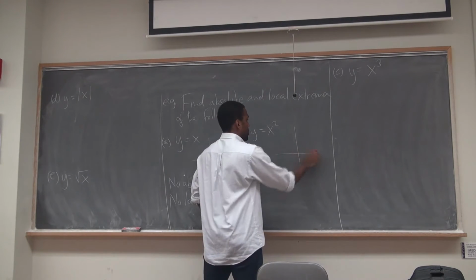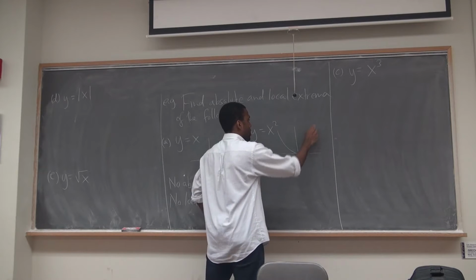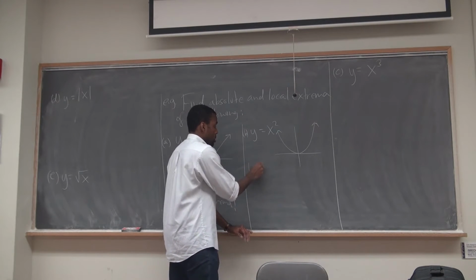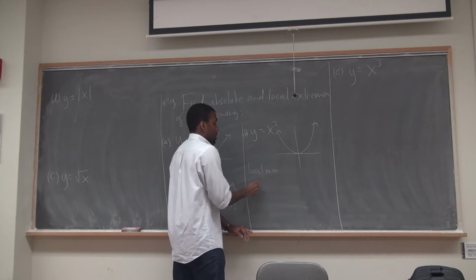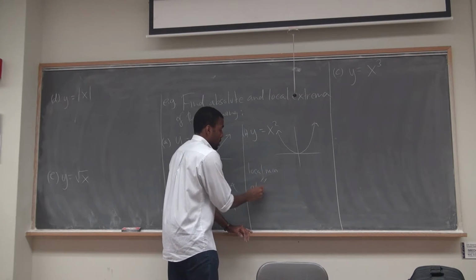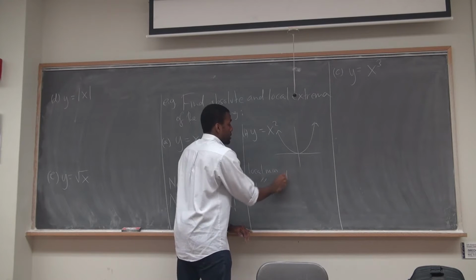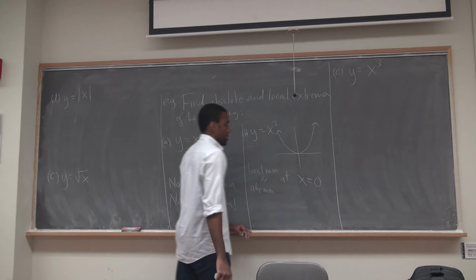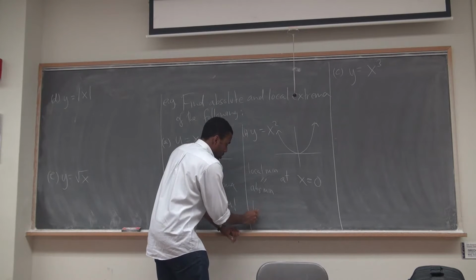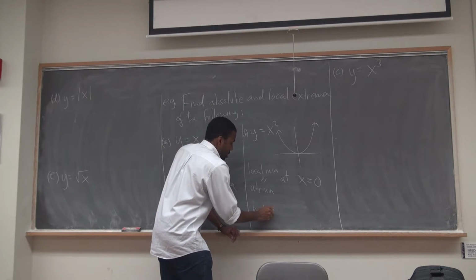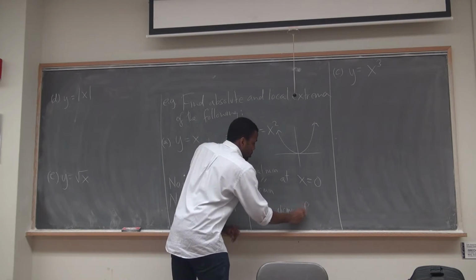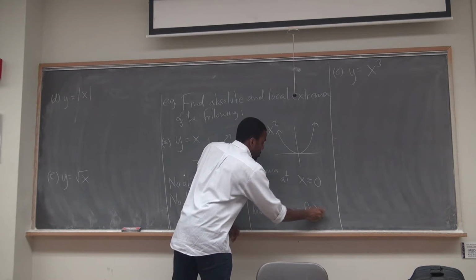There's only going to be one minimum, that's it. So we have a local minimum, which is also an absolute minimum, by the way, at x equals 0. And the local min equals absolute min is equal to f of 0 equals 0.